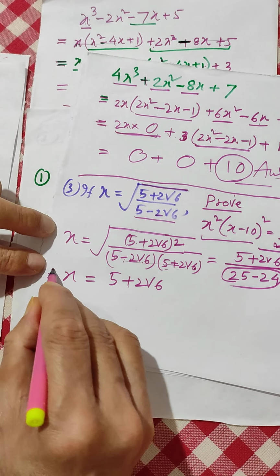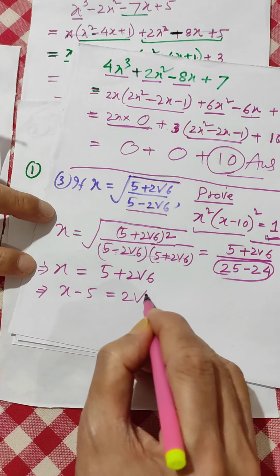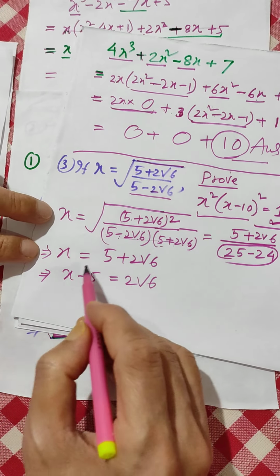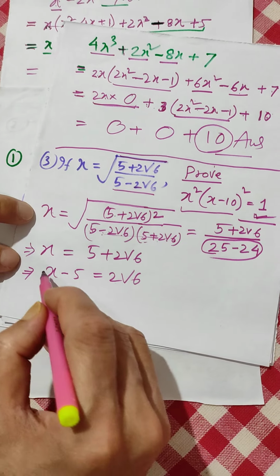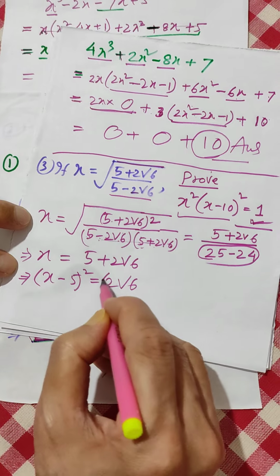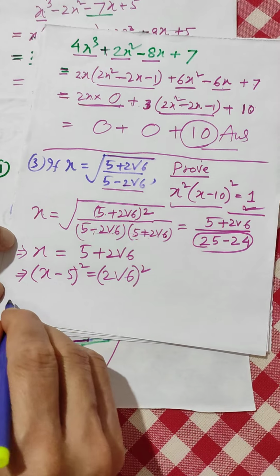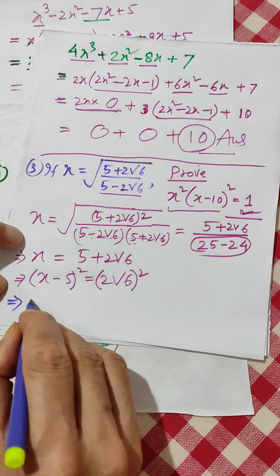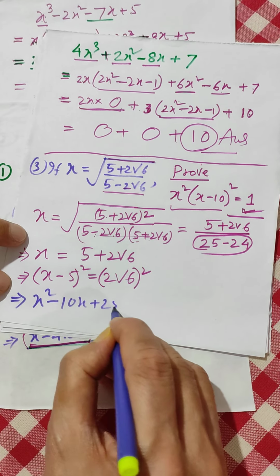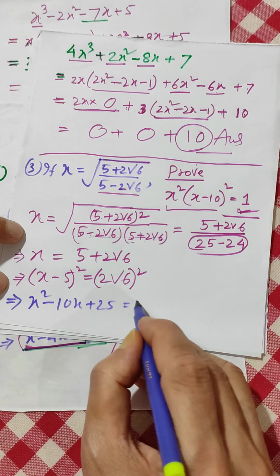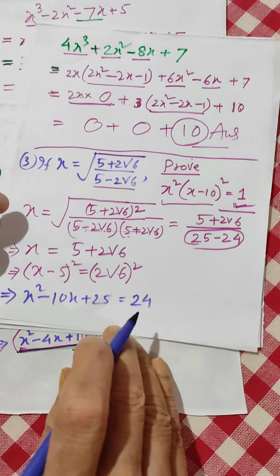Now x minus 5 equal to 2 root 6. Again, this is irrational. So we have to square both sides. We must remove this irrational number. So if we square both sides, with the a minus b whole square formula, we get x square minus 10x plus 25, and this side 2 square is 4, 4 into 6 is 24.